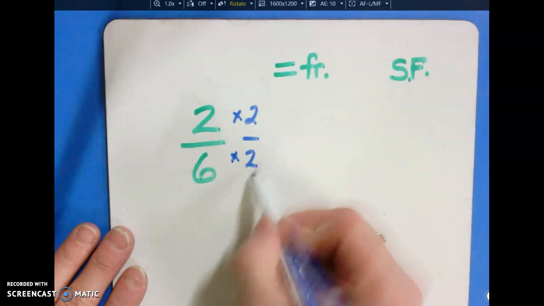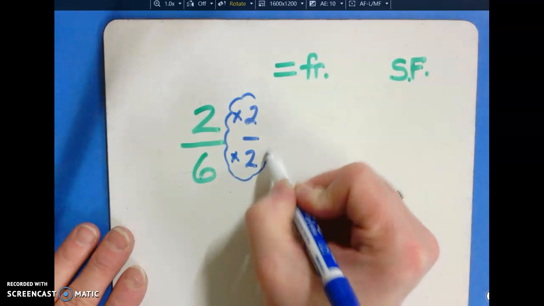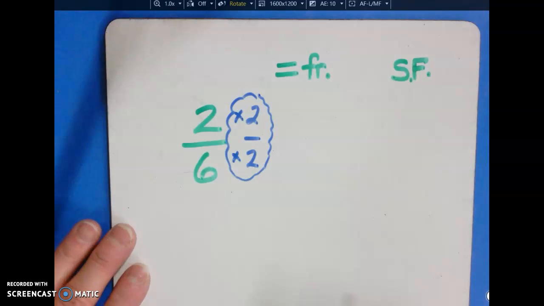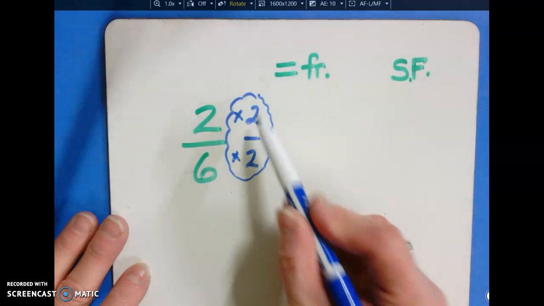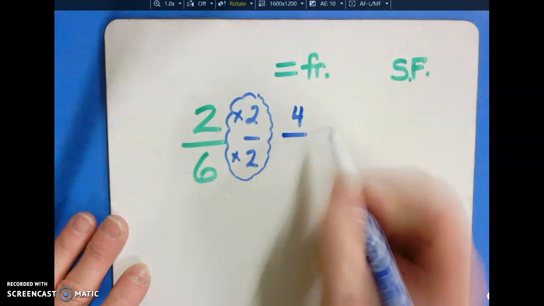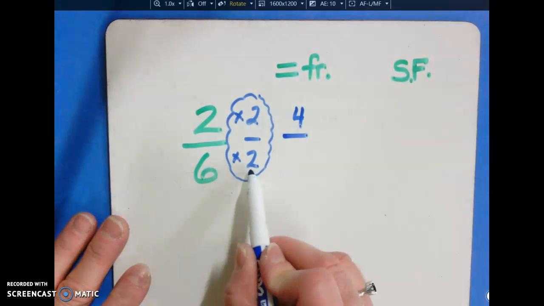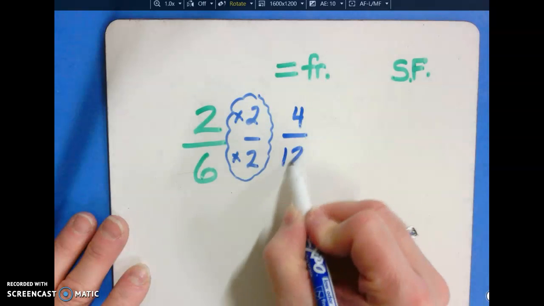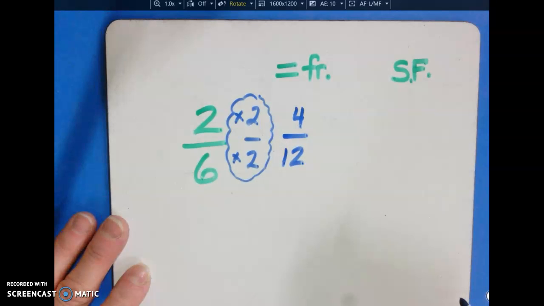Now this is sort of in my mind. I can put it on my paper if I want to, but I don't really have to. I can multiply the numerator by 2 and get 4. I can multiply my denominator by 2 and get 12. And I can say that 2/6 is equivalent to 4/12.